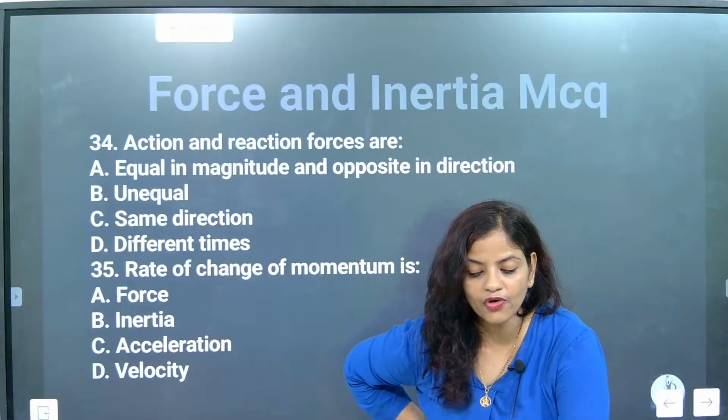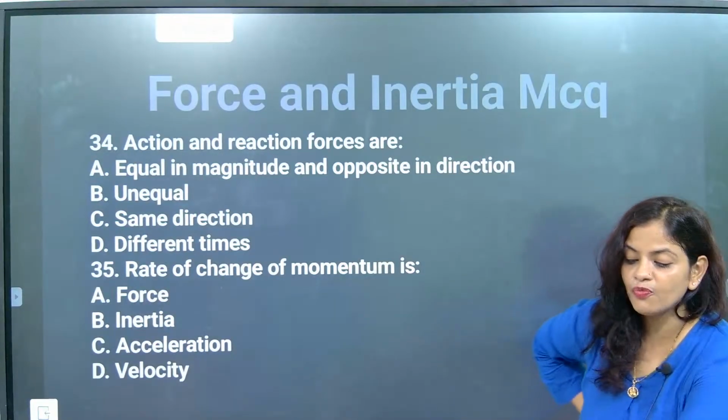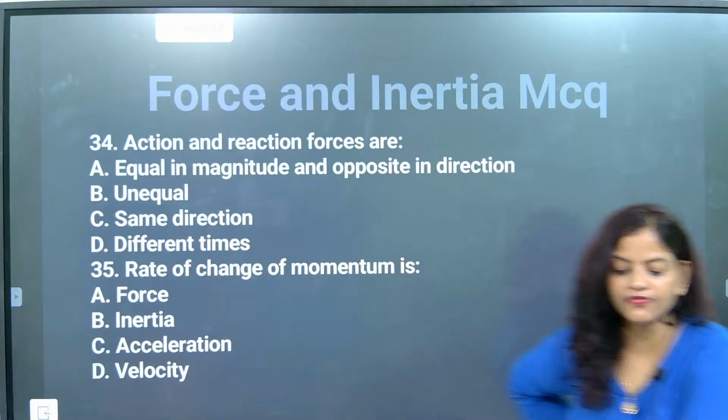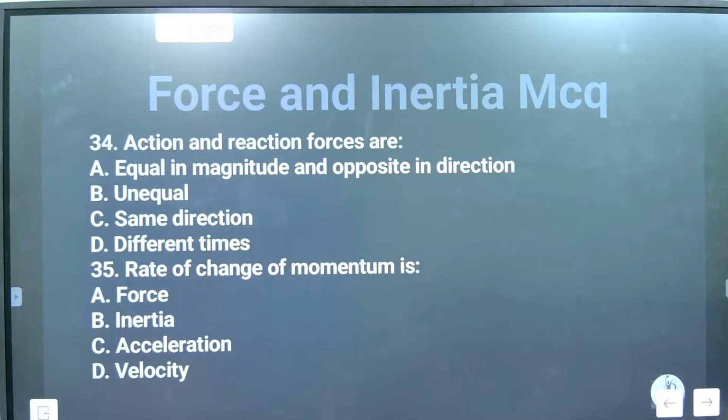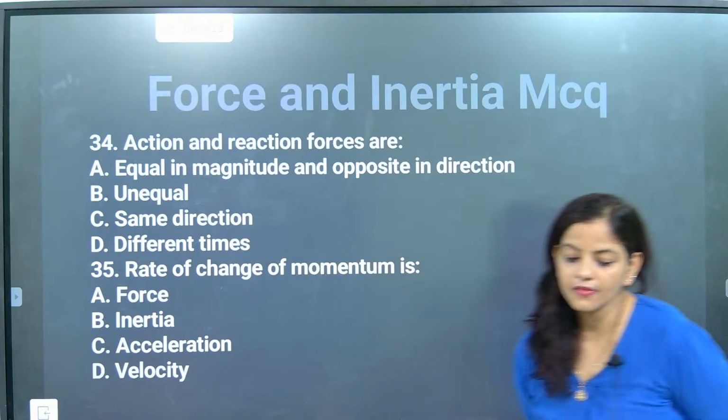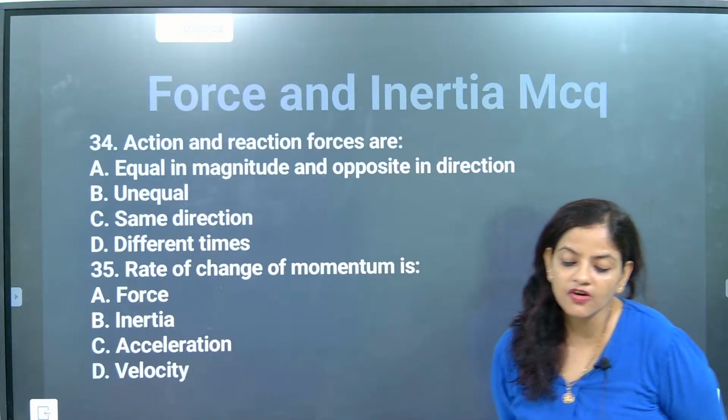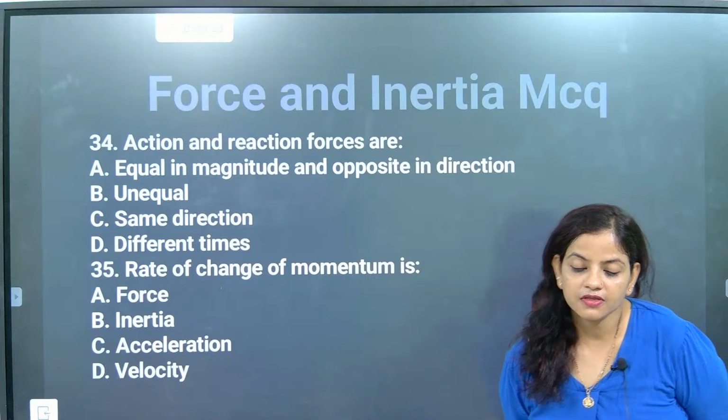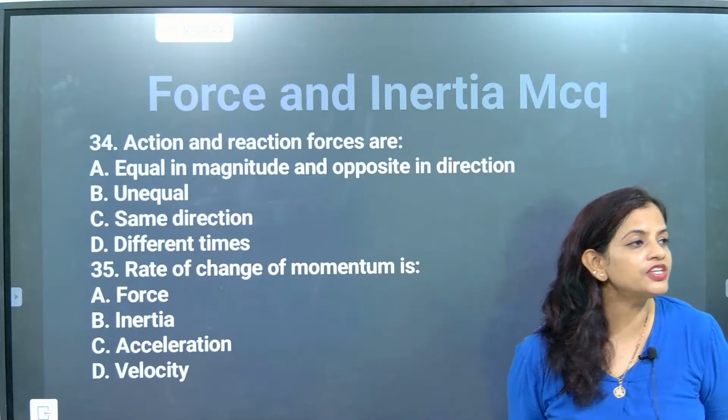Now we will go for the next one. Rate of change of momentum is what? Question 35. Rate of change of momentum is force, inertia, acceleration, or velocity. Come on, say it, beta. Rate of change of momentum is what?